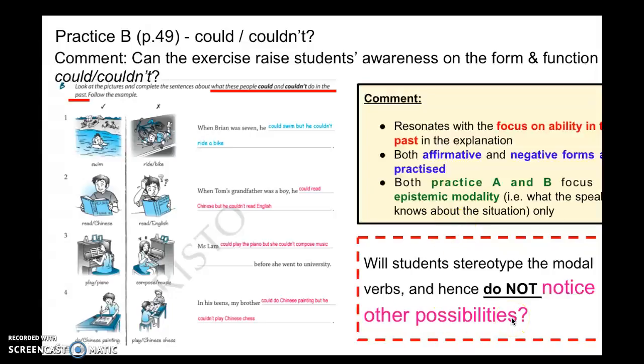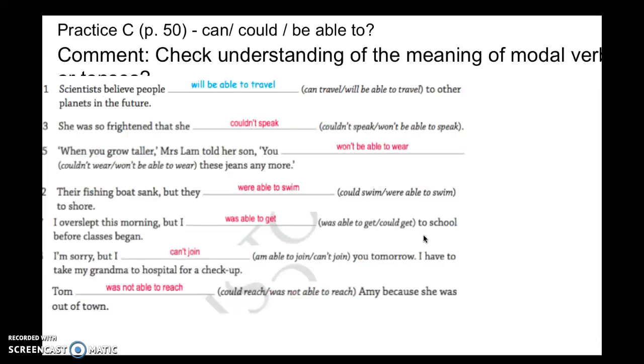After the two practices, it seems to give students a kind of feeling that whenever they talk about modal verbs, it's only related to ability. But what about the other functions of modal verbs, like possibilities? It's never mentioned in this unit.